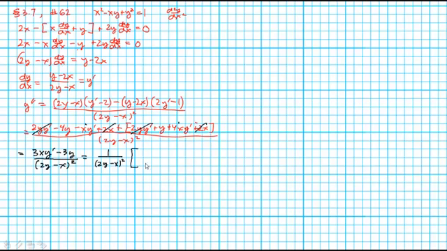And then over here, I'm going to write 3x times what y prime is equal to, which is y minus 2x over 2y minus x. And then I've got the negative 3y, but I'm also going to get the common denominator again, 2y minus x.